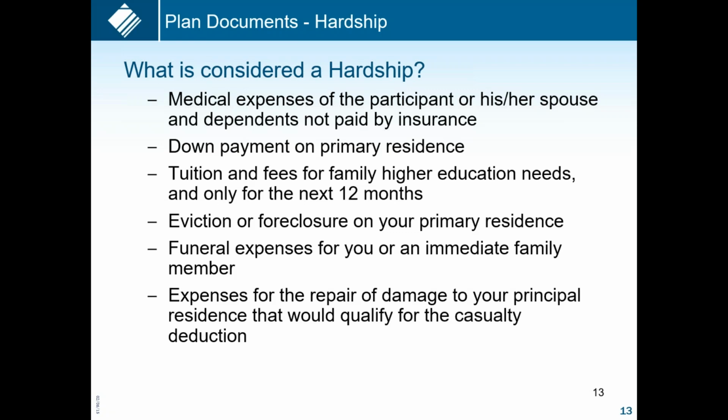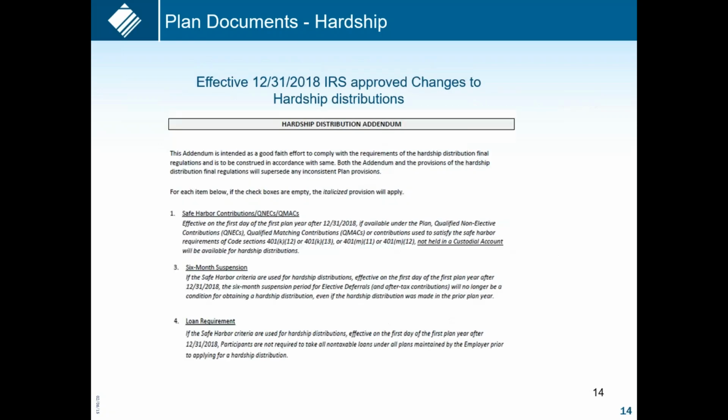Reasons for hardship include medical expenses of the participant, spouse, or dependent not paid by insurance, the down payment on the primary residence, tuition and fees for families' higher education needs for the next 12 months, eviction or foreclosure on your primary residence, funeral expenses for immediate family, expenses for repair or damage to the principal residence that would qualify for casualty deduction.